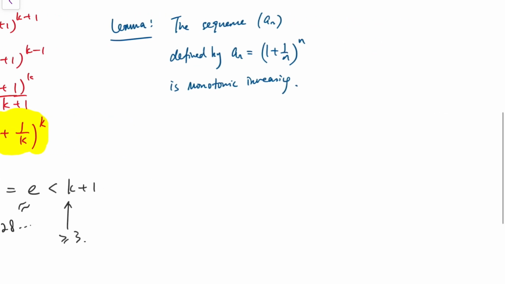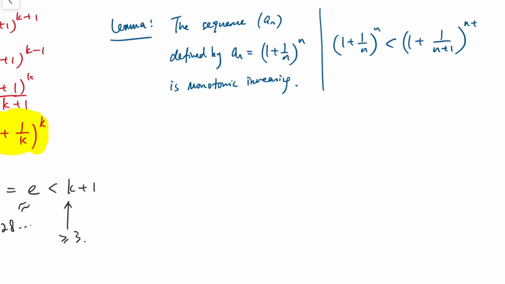Or, in mathematical language, I can just prove that 1 plus 1 over n all to the power n is always smaller than 1 plus 1 over n plus 1 all to the power n plus 1. If I can prove this, then it tells us that 1 plus 1 over n all to the power n is always smaller than the limiting case when n goes to infinity.